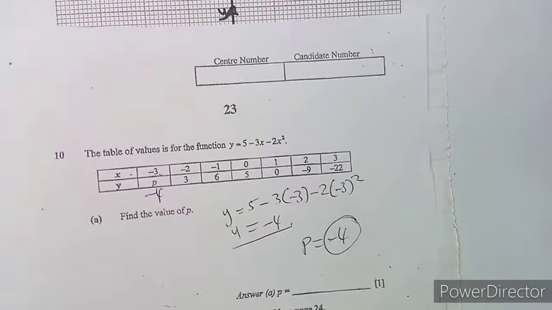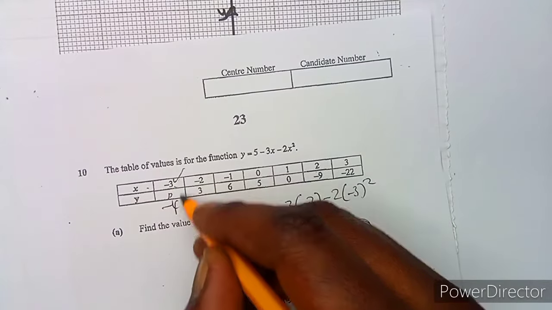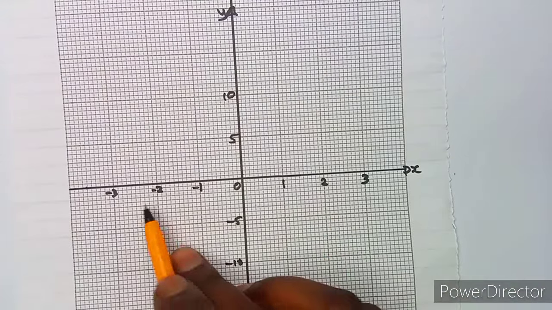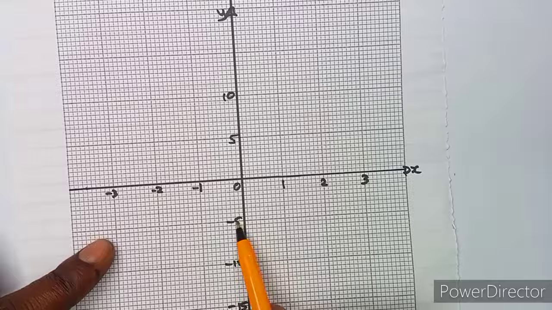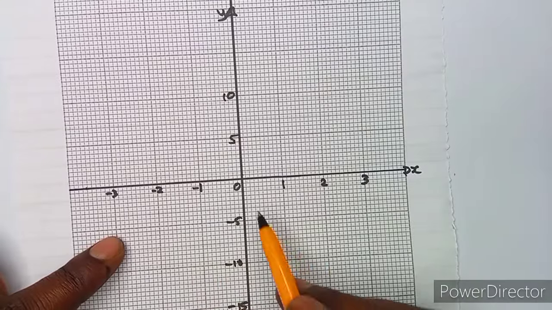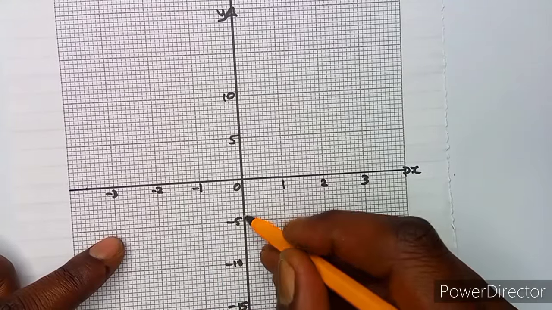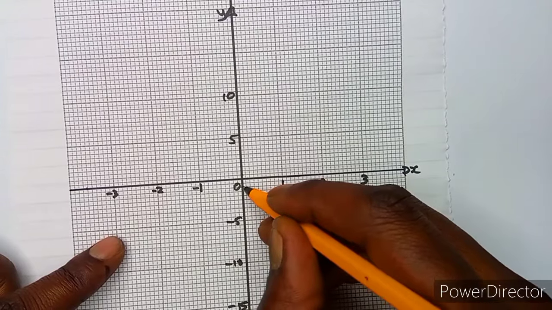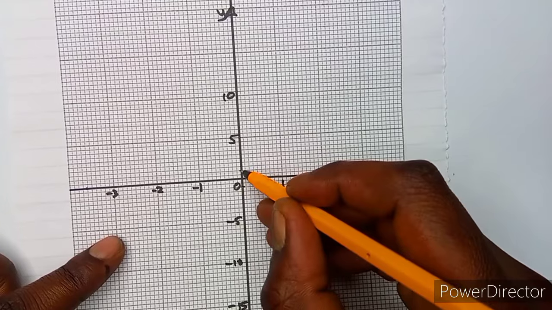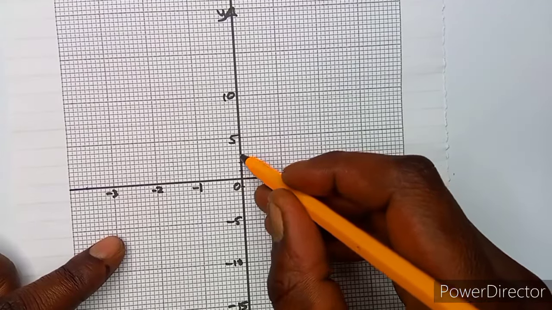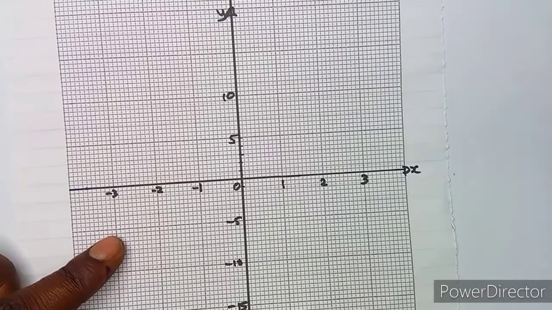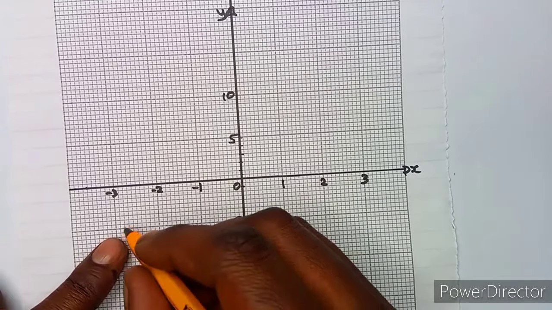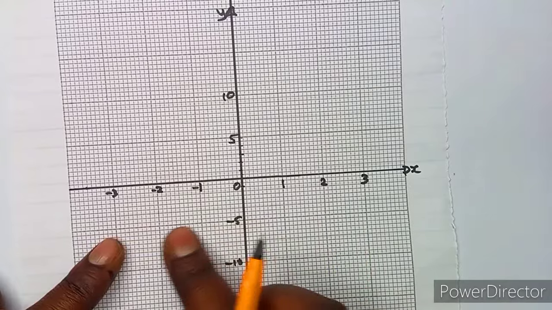All right, -3 and -4. x is -3, y is -4. So guys, what does 1 represent? Actually, 1 is represented by 2 boxes here. That's 1, 2 boxes, then 2, 3, 4, 5. So -4 is 2 boxes before -5 here.